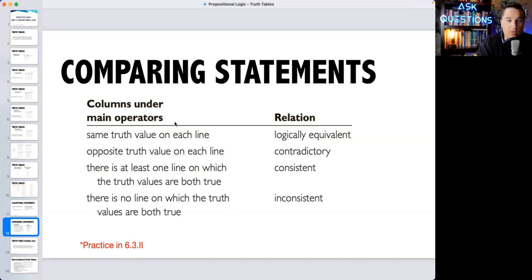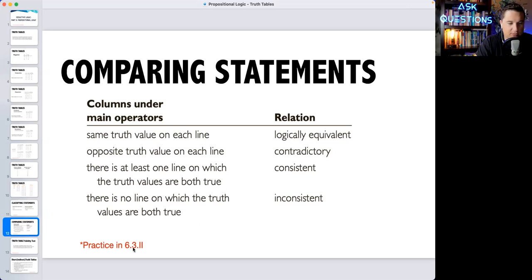But now we are going to look at at least two statements and see if they are consistent, if they contradict each other, if they are logically the same, or if they're inconsistent. I think if we jump right into the practice, that's the best way to explain these different kinds of relations. So I will come back here and talk through each of these more general definitions.